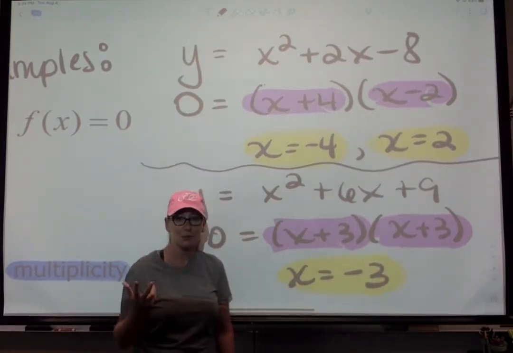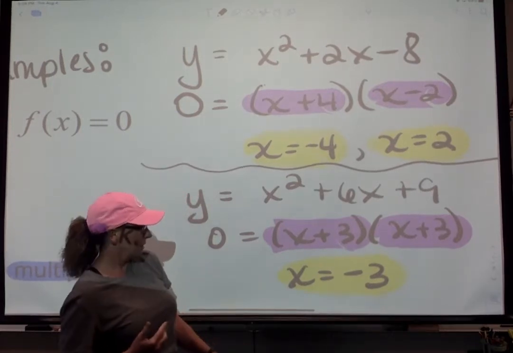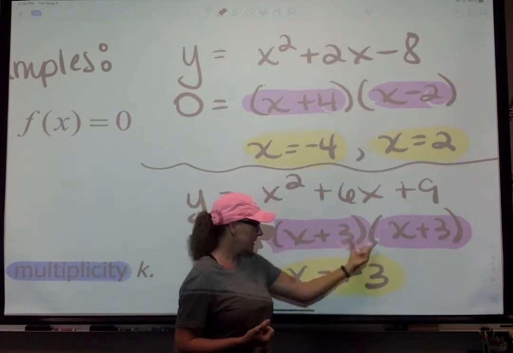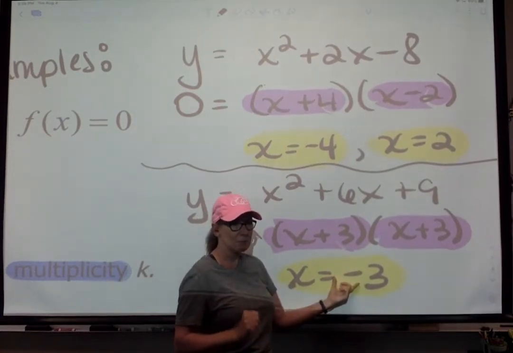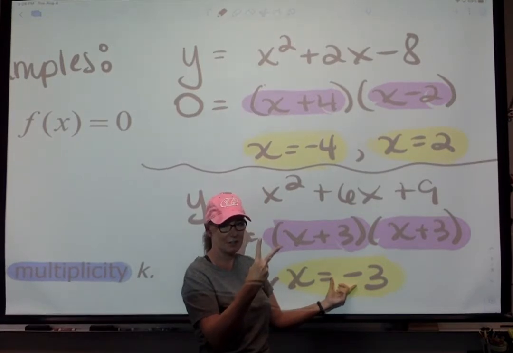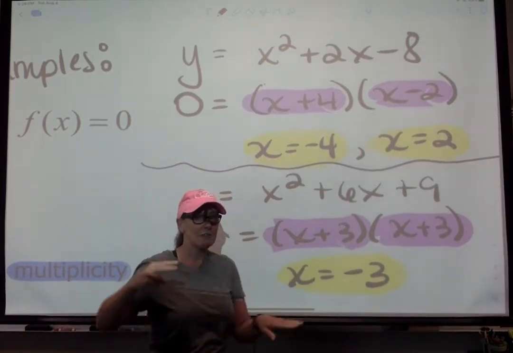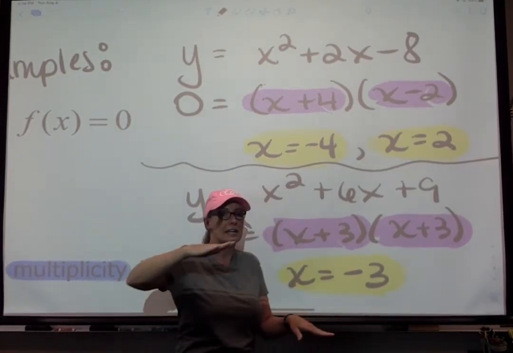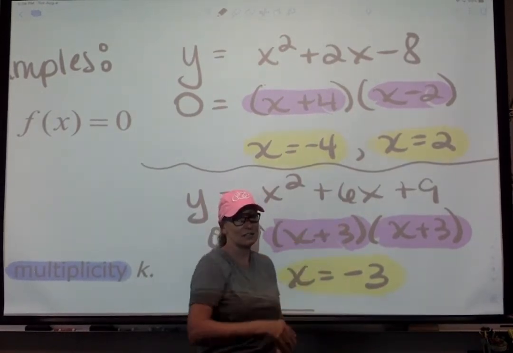What does that mean for the graph? Well, if a zero, or a factor, has a multiplicity that's even, your graph only touches the x-axis.